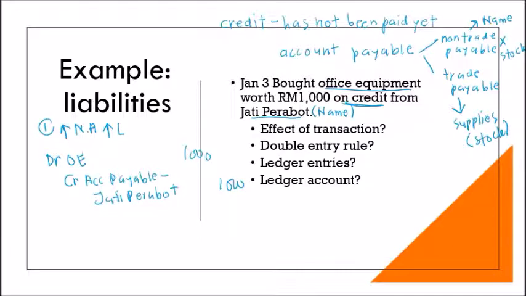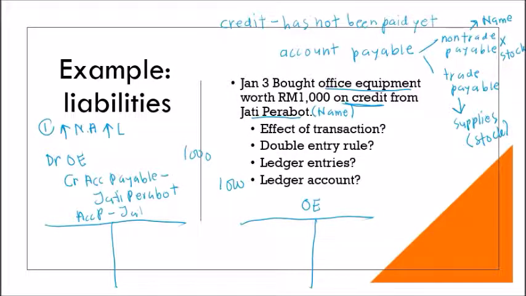So what are the ledger accounts? Just like I said, this involves two accounts, so you have to make two T accounts. This is the office equipment, and this is the account payable for Jati.